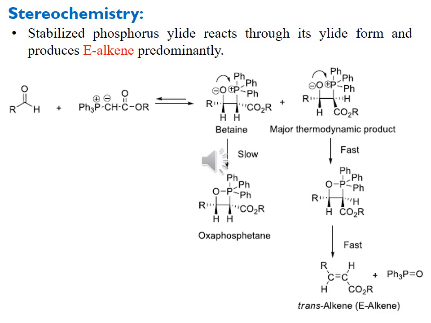When they are on the same side, they are slowly converted into oxaphosphetane, but when they are in opposite directions, that is trans to each other, they are converted into oxaphosphetane much faster, and so we get this in major percentage, and this moves to the production of trans alkene or E-alkene. So by using stabilized phosphorus ylide, our major product is trans alkene or E-alkene.